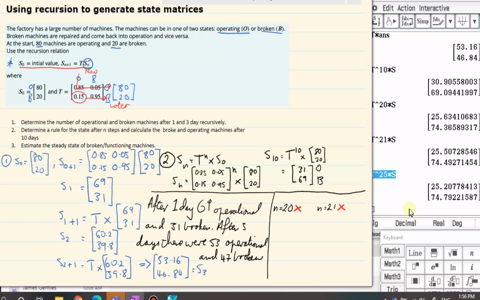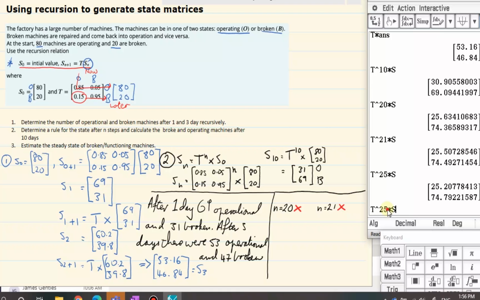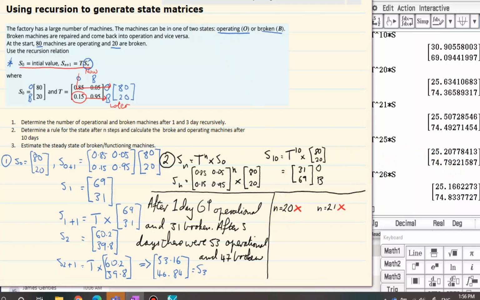So going from 25 to 26, it's going to 25 again. So I've got a steady state there where my numbers appear to be leveling out.